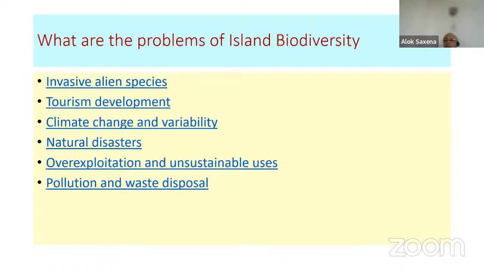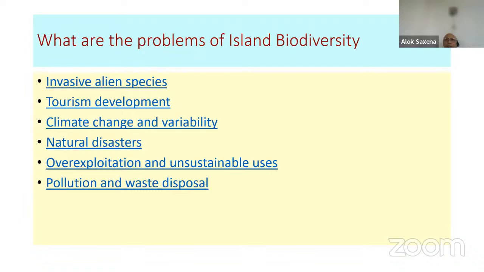I will give you a case of introduction of deer, which I will discuss separately. And that one example I gave you about New Zealand's Stephen Island wren, where the introduction of feral cats led to the wiping out of that particular bird from the island.